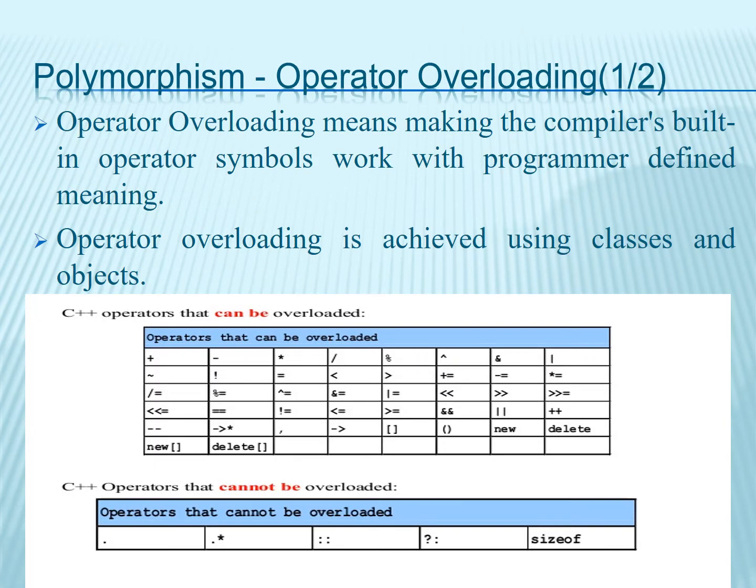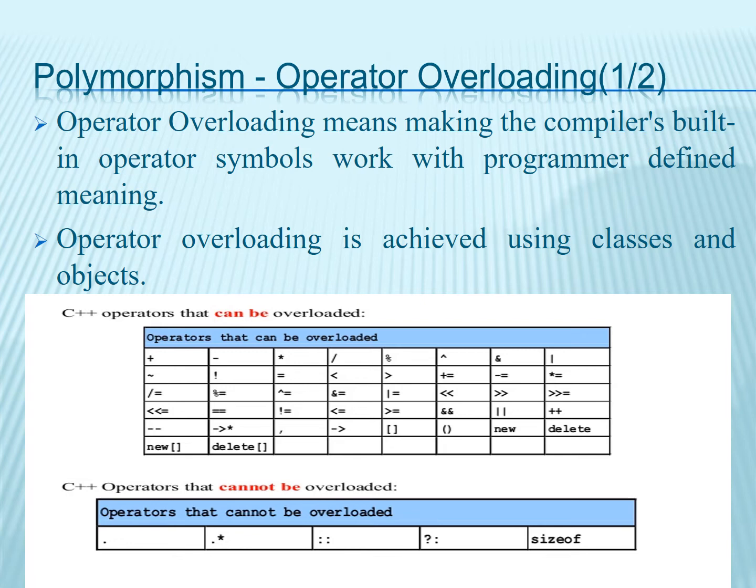Operator overloading in C++ means making the compiler's built-in operator symbol work with a programmer-defined meaning. That is, the operators have special meaning in a particular program. Operator overloading is achieved using classes and objects.